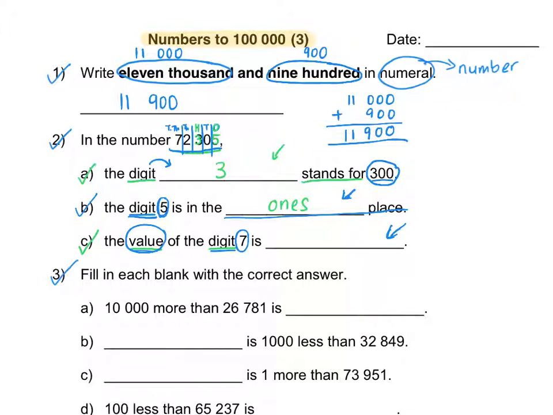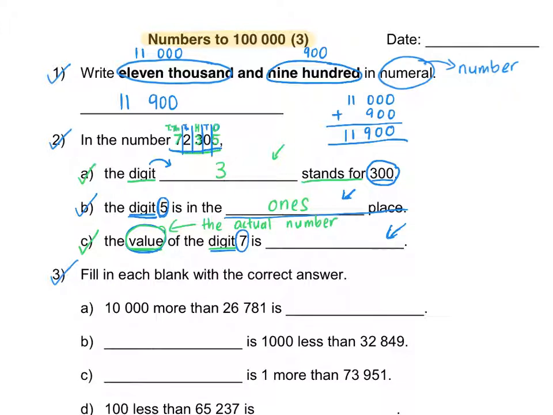So what is the value of digit 7? Let's look at where digit 7 is in the number. It is here, 7, ten thousands place. So if you want to write the value of 7 ten thousands, how should you write it? What is the meaning of the word value? It means to write down the actual number.